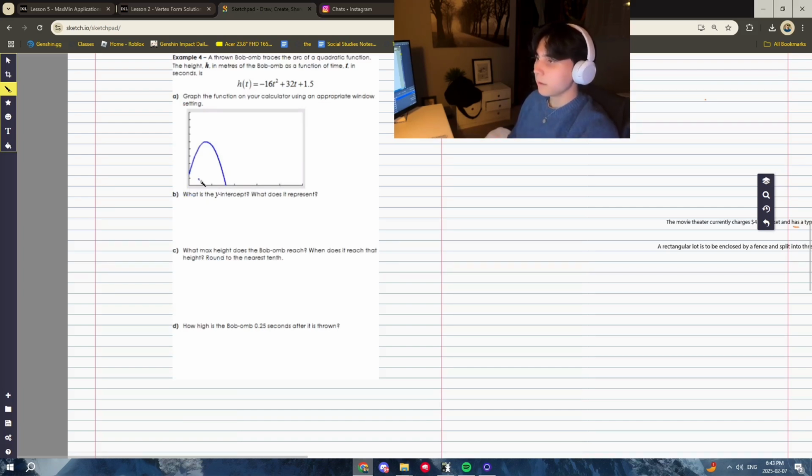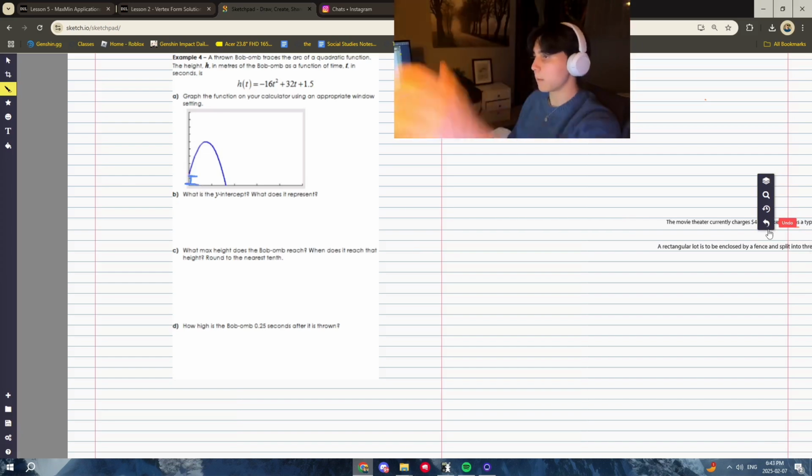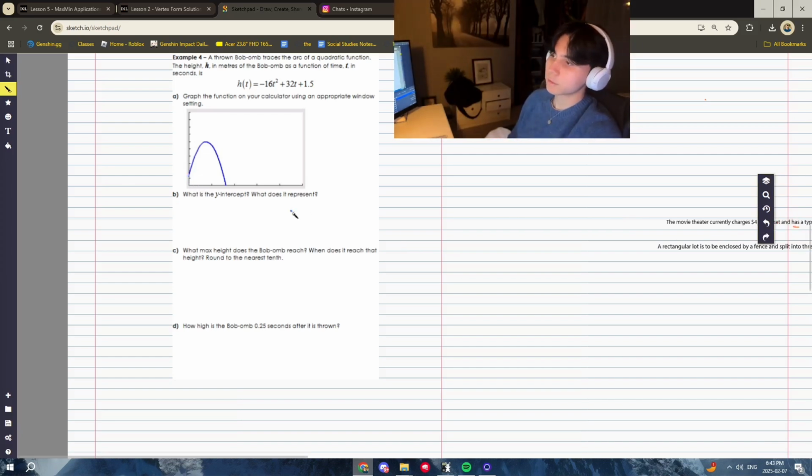We're going to notice that this graph starts not at 0, 0 where traditionally it would, but rather at the y-intercept. What that could represent is a person standing and throwing it from the top of their head, or it could just represent the starting height. So starting height is equal to our y-intercept.